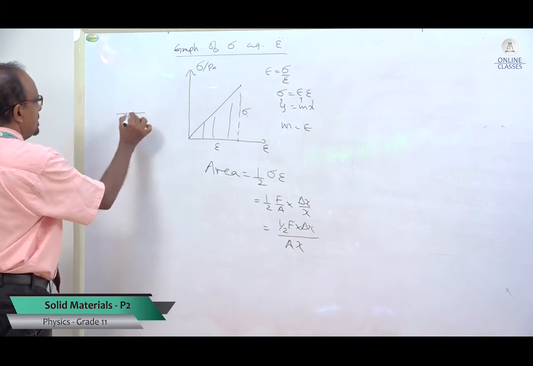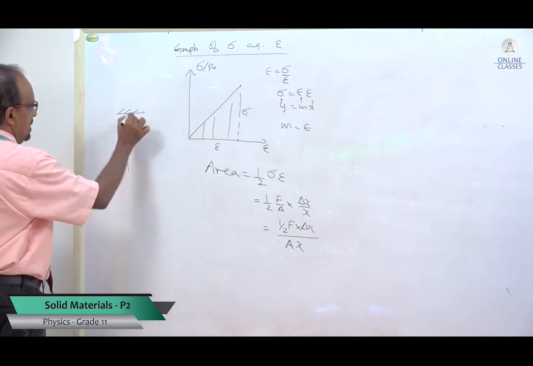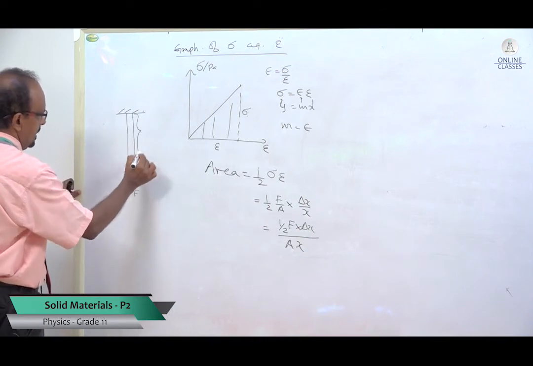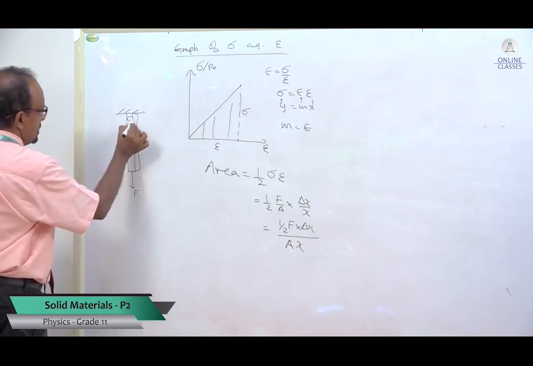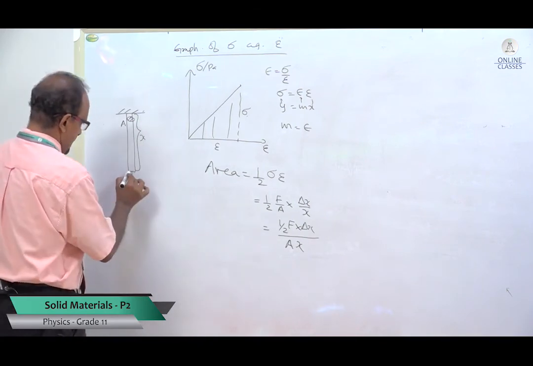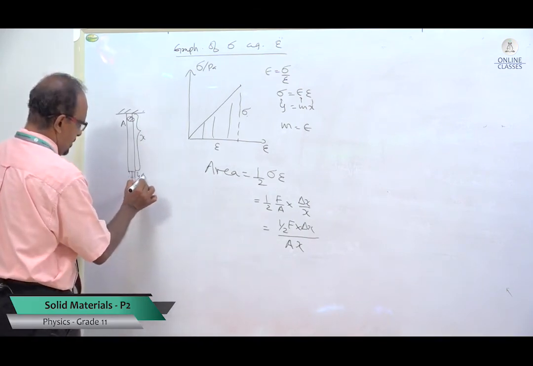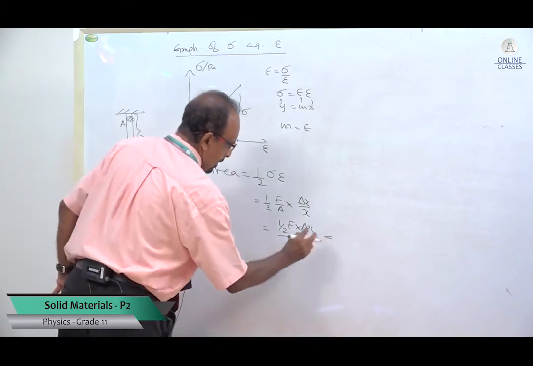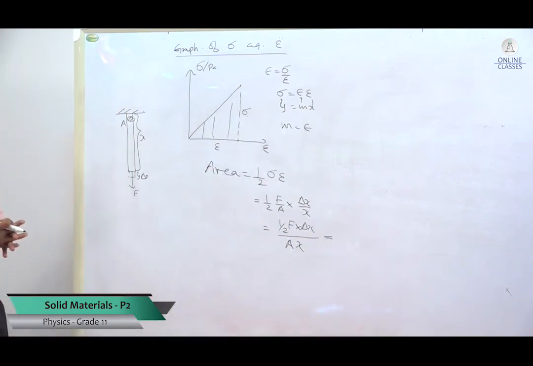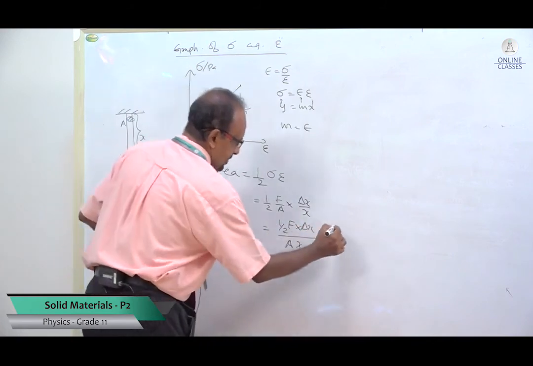Now when you take the material, if I draw here, when you apply a force, this is the original length x, the cross-sectional area will be A, and delta x will be the extension. So half F delta x means energy stored. We have learned that as energy stored or work done, or elastic strain energy.